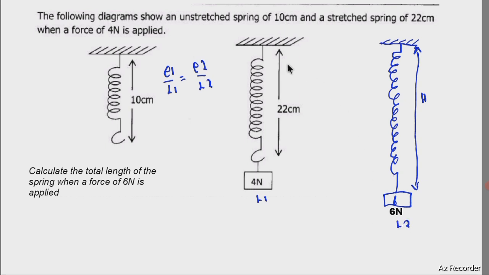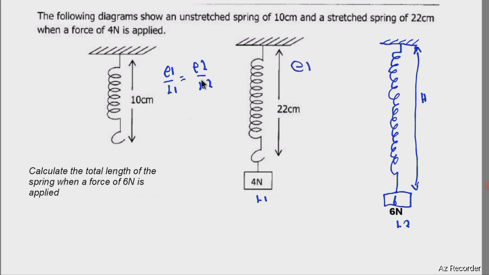Then we can find extension 1 from this. Extension is something that's been added, meaning it wasn't actually there, but then it has just been added.